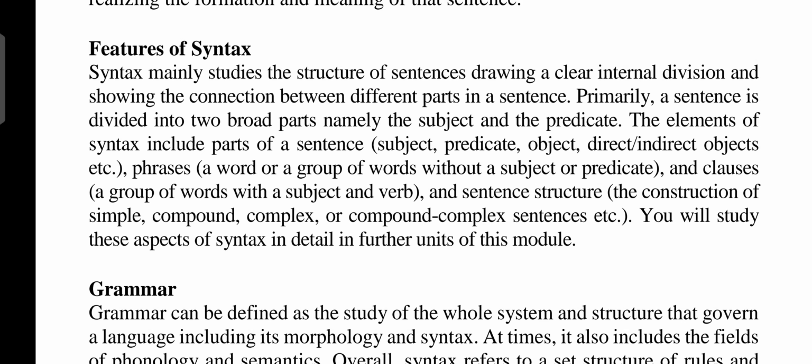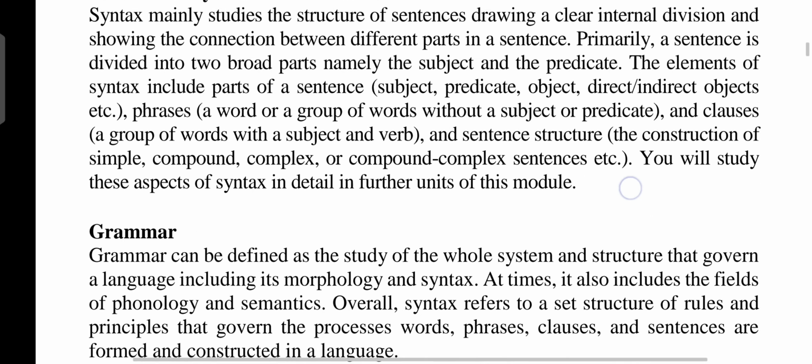And sentence structure, the construction of simple, compound, complex, or compound complex sentences, etc. You will study these aspects of syntax in detail in further units of this module, and we will particularly discuss them in different lectures. We will study them in our further class.